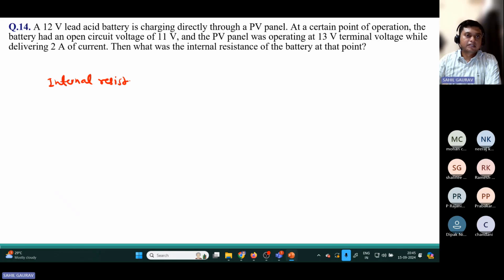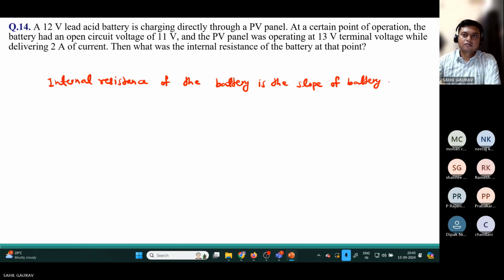Internal resistance of the battery is the slope of the battery profile. So internal resistance will be 13 volt, the terminal voltage of the PV panel, minus 11 volt, the battery open circuit voltage, divided by the current of 2 ampere. So it will be 1 ohm.